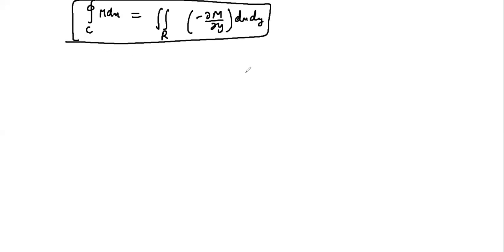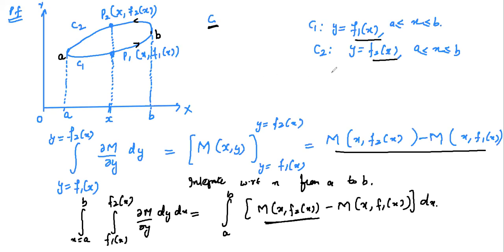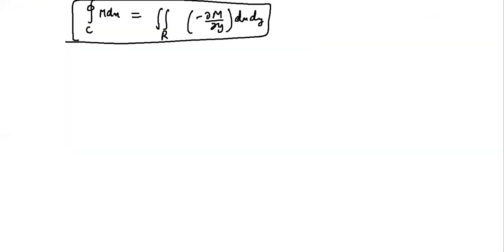Now similarly, we are to solve the line integral of n dy. So for this, since in this we have considered y as a function of x, if we write x as a function of y, then we get the value for the line integral n dy.